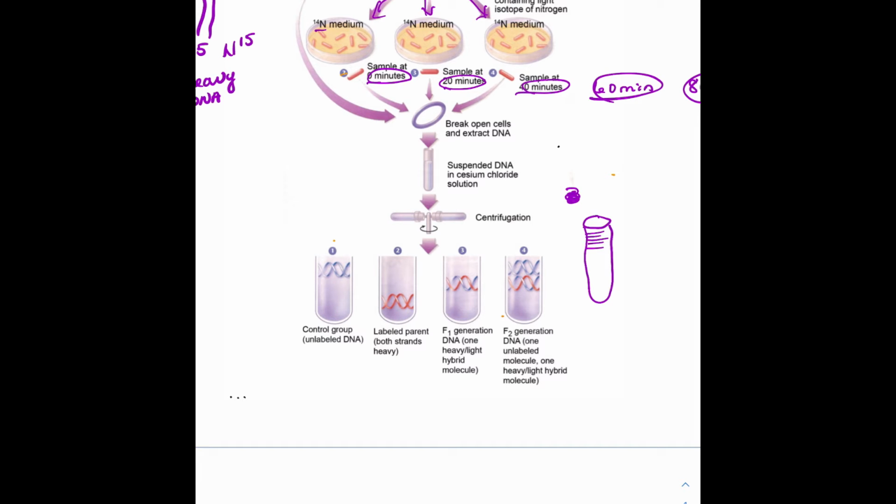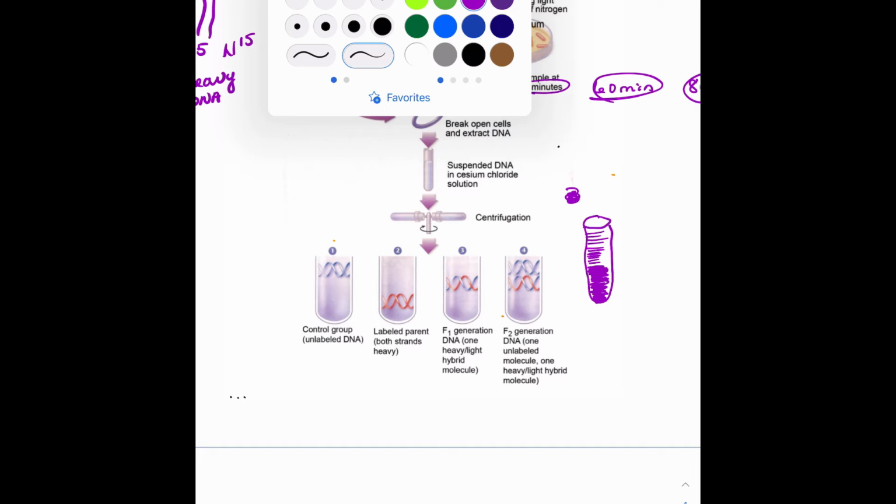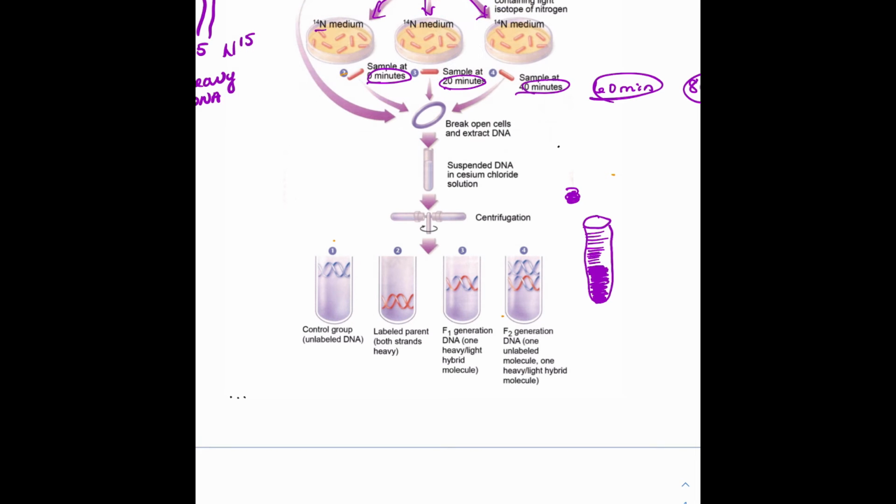It's lighter at the top, and it gets heavier and heavier as you go towards the bottom. And when you put your DNA in there, the DNA will find wherever its weight is, and the DNA will stop right there.